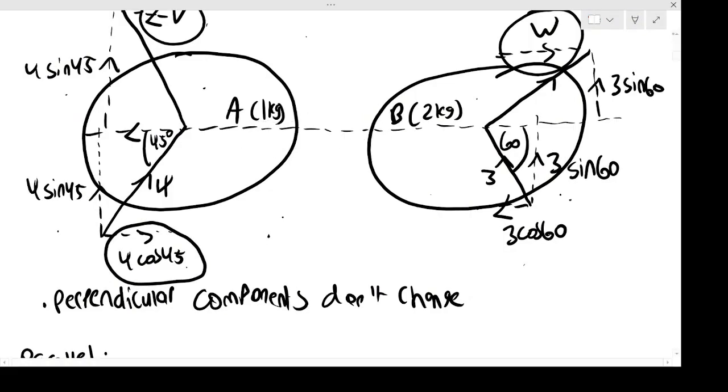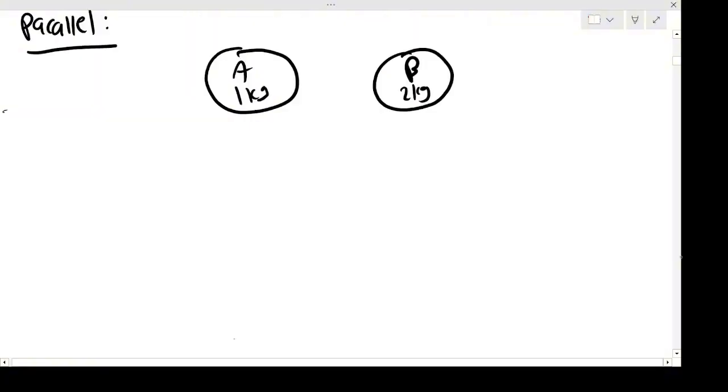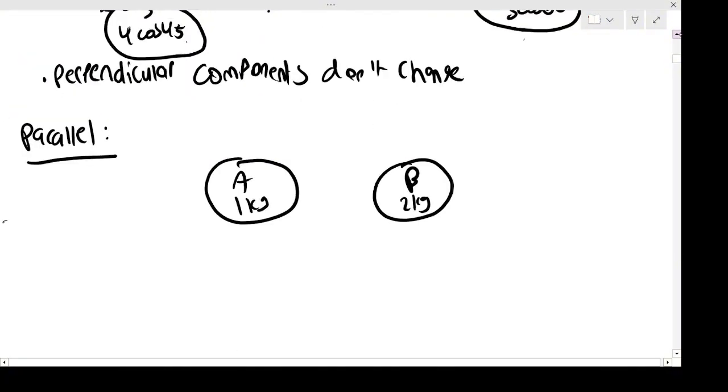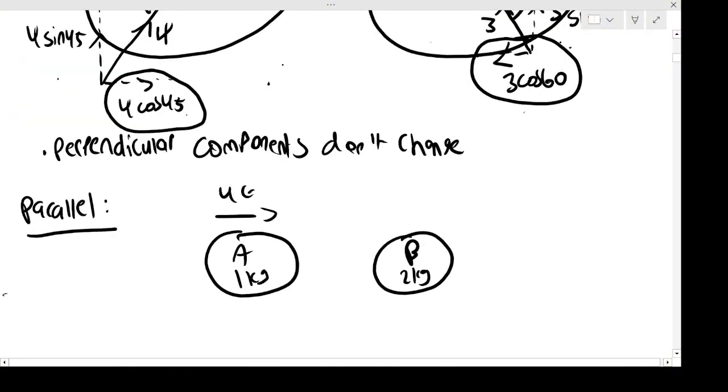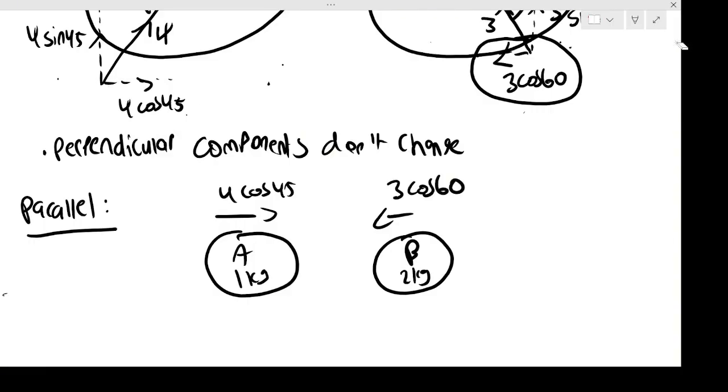For B, the parallel part is 3 cos 60 going to the left. So for A, I copy the parallel speed, 4 cos 45, and for B, it's going backwards by 3 cos 60. And hopefully you start to see it's very familiar. It'll turn into a 1D collision problem.